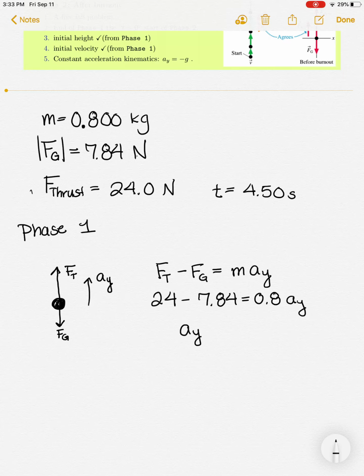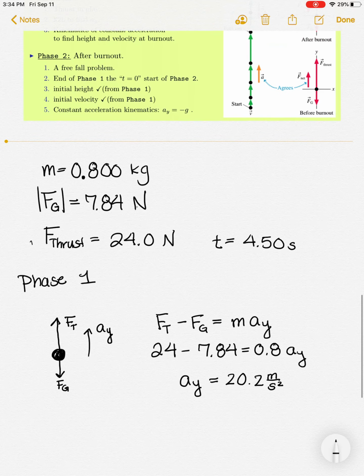So when we plug this into our calculator, I get an acceleration that is equal to 20.2 meters per second squared. So that is our first part.